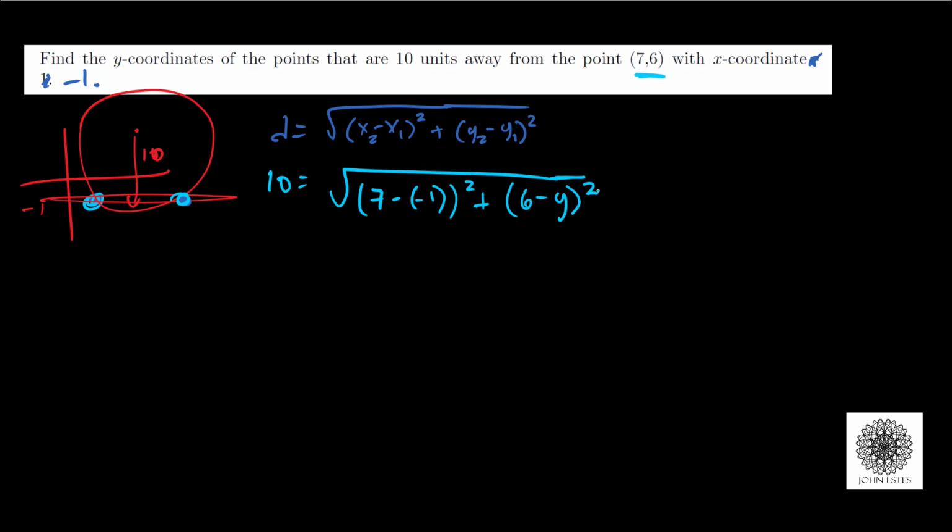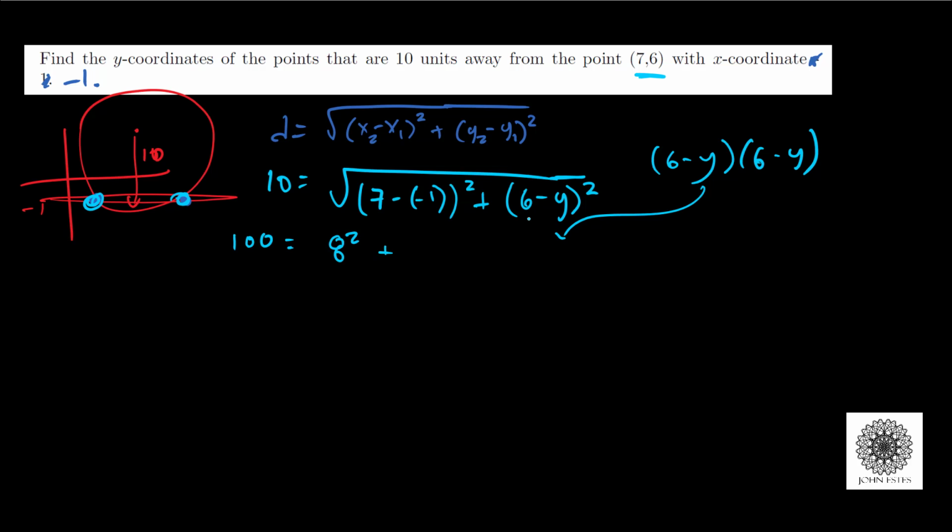And so now I just have to solve this equation, and hopefully we can figure out what these two coordinates are. Alright, so what I would do, since there's the square root, is I would square both sides. And so I get 100 on one side, and on the other I have (7 plus 1) quantity squared, so that's 8 squared, plus (6 minus y) quantity squared, so 6 minus y times 6 minus y.